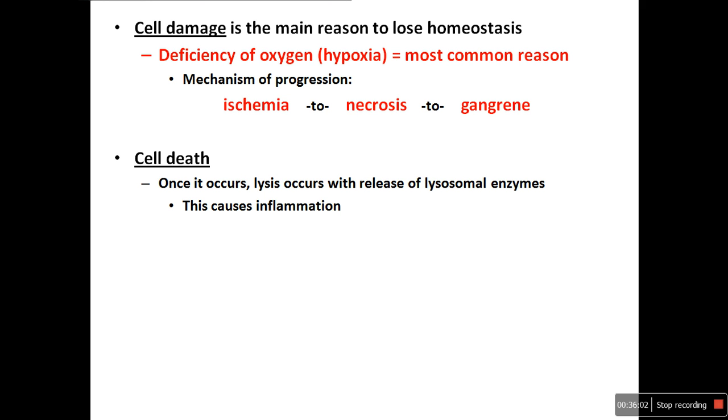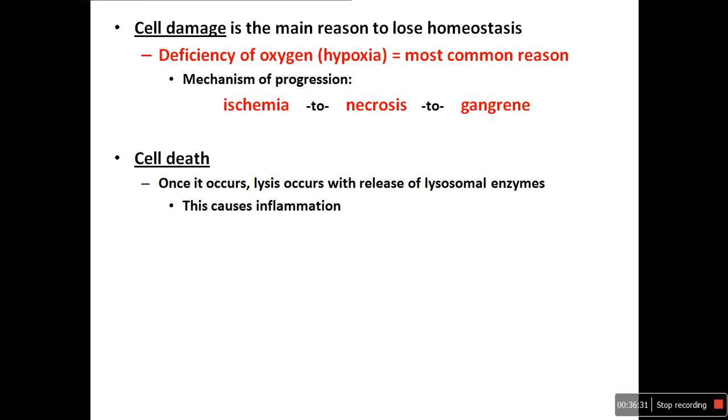So when you have hypoxia, what diseases can be produced by hypoxia? We have ischemia, we have necrosis, and we have gangrene. Ischemia is when a specific tissue or specific part in the body can't receive enough oxygen to live.